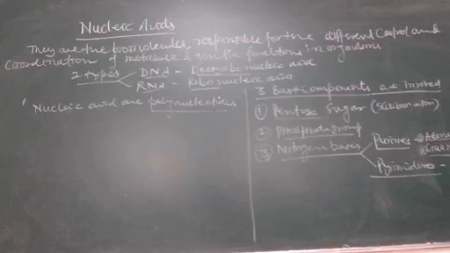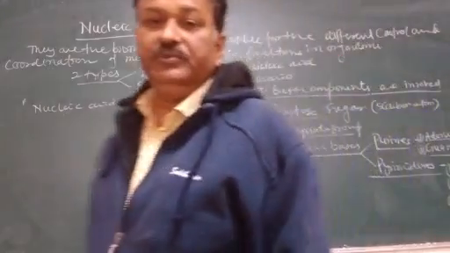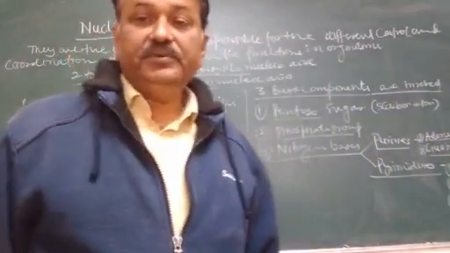Now pyrimidines are of three types. First is cytosine, C, then thymine, T. These are the symbols to represent, and third is uracil, U. So these are the symbols by which we represent them.